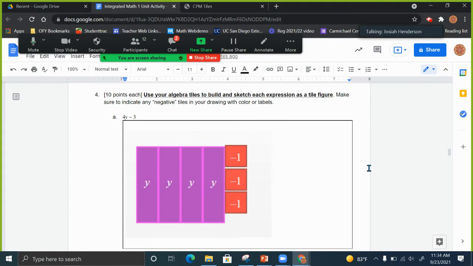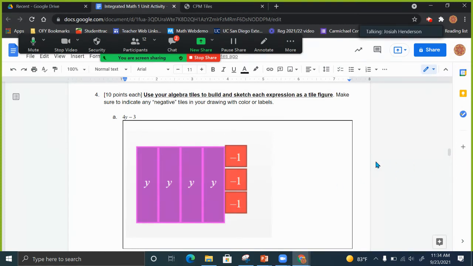Now, the rest of the worksheet, 5, 6, 7, 8, 9, 10, what I always do is tell students that if you've had enough of the algebra tiles at this point, then I'd like you to just answer 5, 6, 7, 8, 9, 10 with math. However, the worksheet actually says to do it all with algebra tiles.